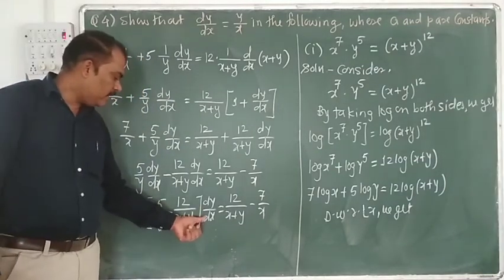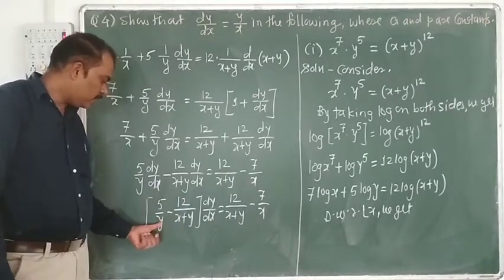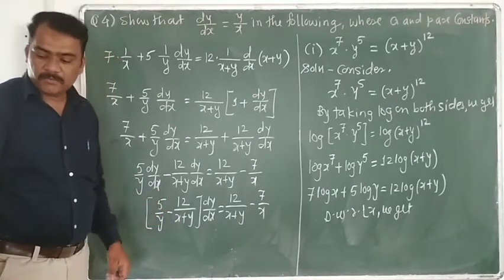Before writing the value of dy by dx, we have to simplify it. We make the denominators equal by taking the cross multiplication.